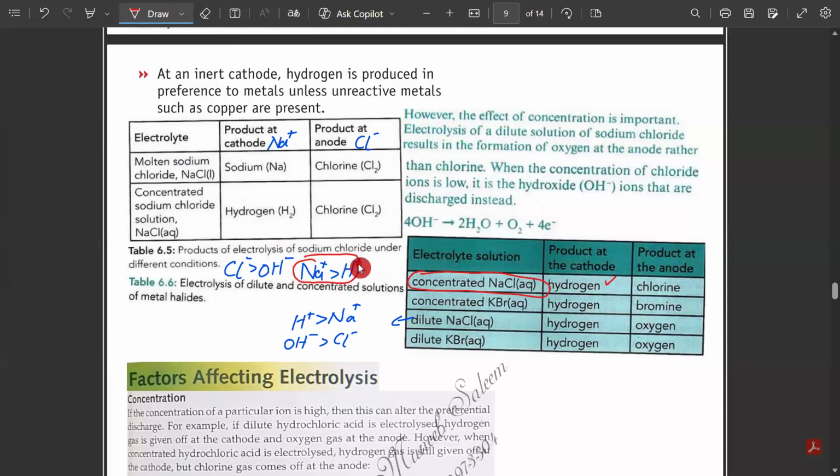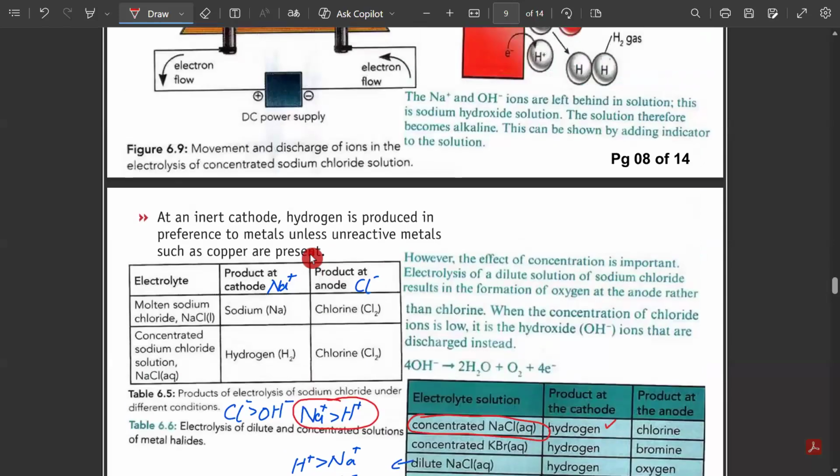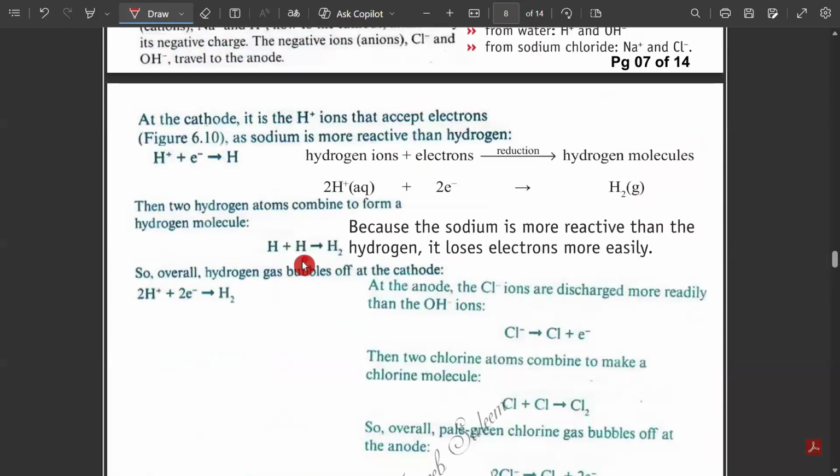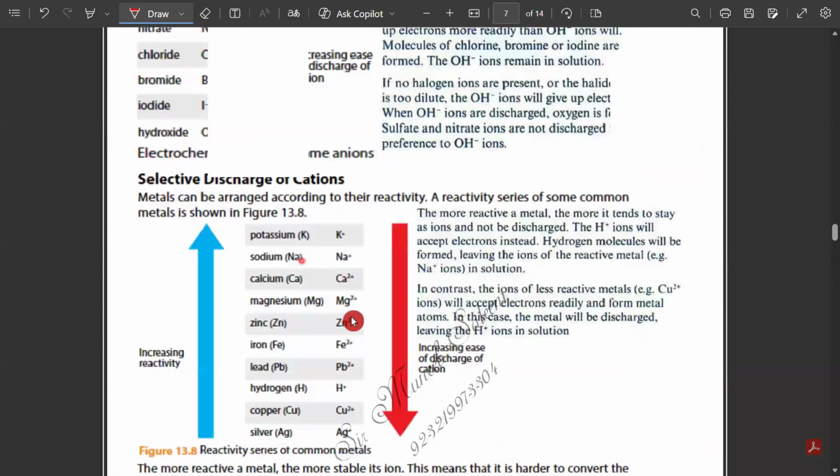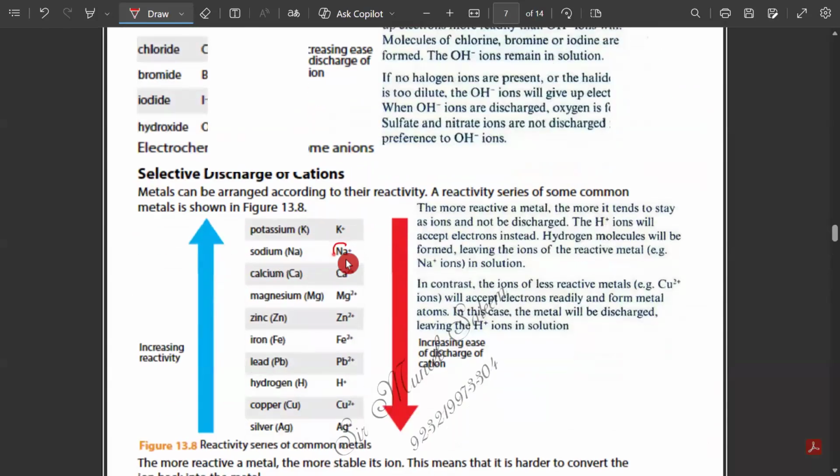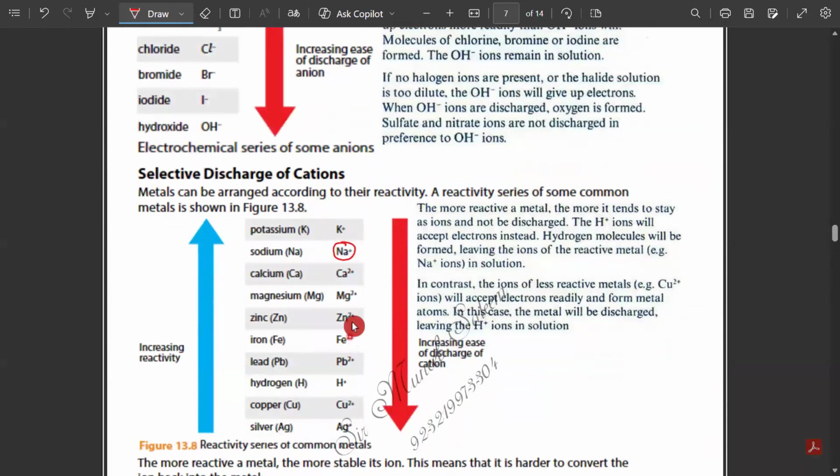The reason is that if we look at the reactivity series for sodium versus hydrogen, the series is over here. If we look at the difference between sodium ion and hydrogen ions, there is quite a large gap. Sodium is much more reactive as compared to the hydrogen ion. That's why sodium ion cannot be reduced at all.